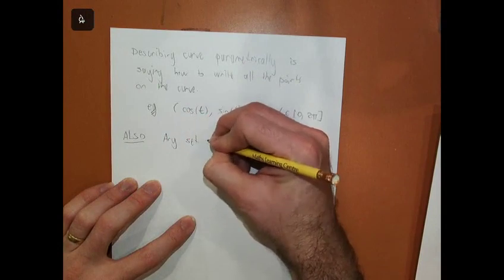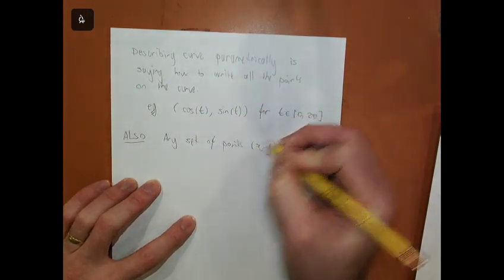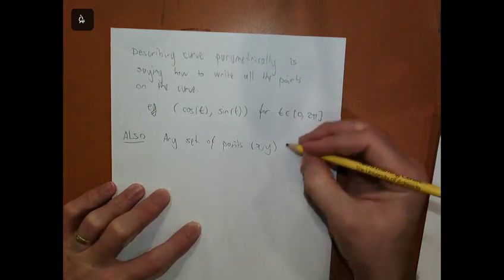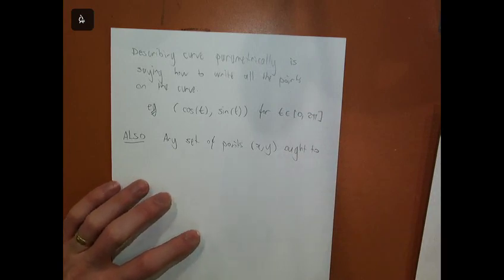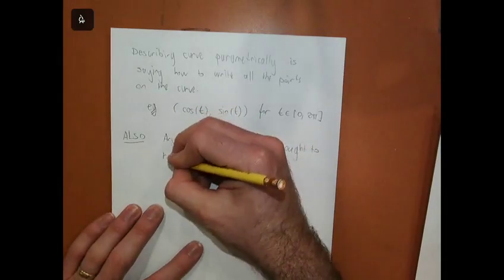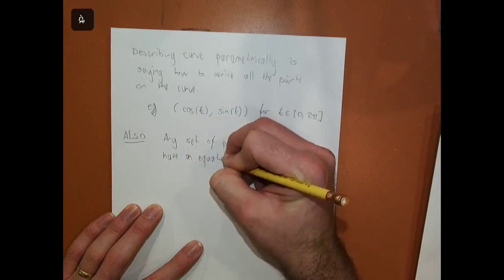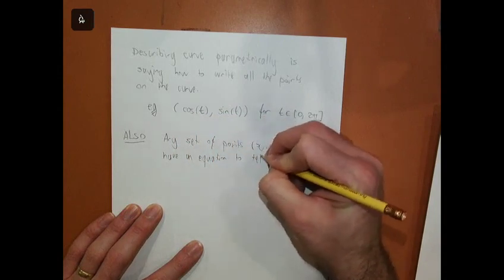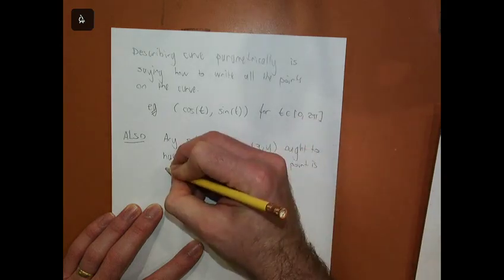Any set of points (x, y) ought to, now I say ought to, it's not necessarily true what I'm about to say, but in general it is, ought to have an equation to tell if a point is in the set.